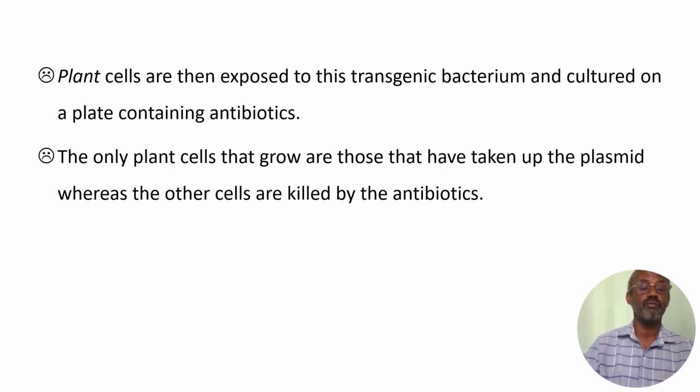When you expose these plants to an antibiotic-containing plate, the plants which have taken the plasmid genes, the glyphosate-breaking enzyme gene, also take the antibiotic resistance gene. Those plant cells which didn't get the gene will be killed by the antibiotic, so that you have isolated those cells that have taken the gene that you need, the enzyme that breaks down glyphosate.